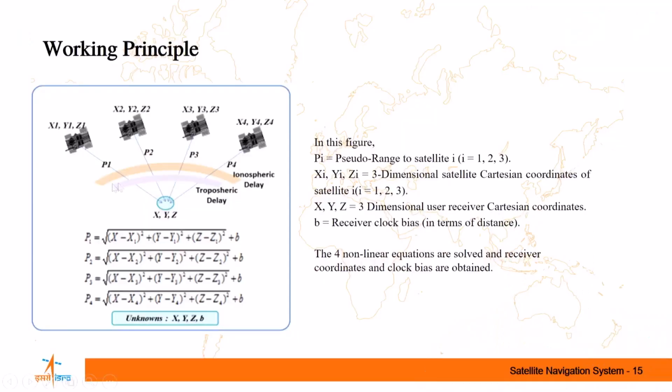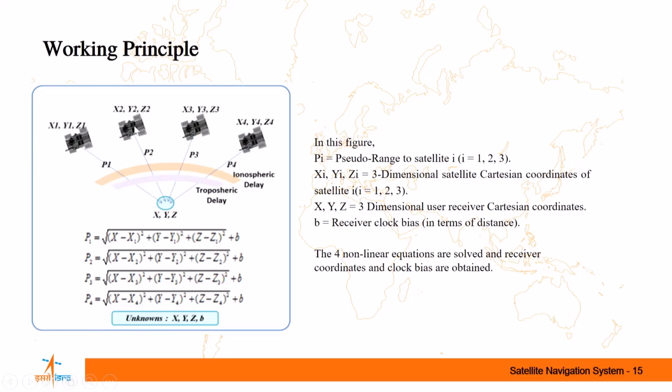These are the four equations as I was talking. So this is the user position on the earth, where the receiver is, and this is satellite 1, whose signal is received by the receiver. The signal has the ephemeris data from where we are getting the location coordinates of the satellite. So x1, y1, z1 are known.